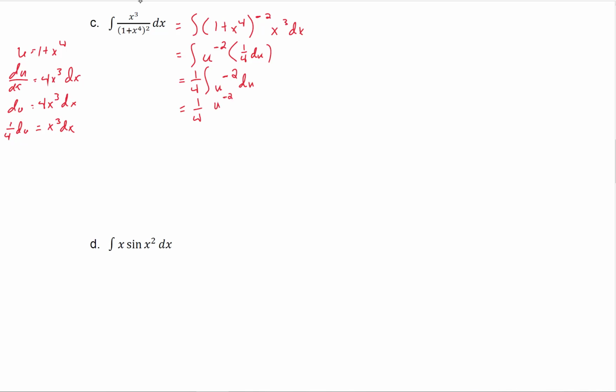That's u to the negative 2 plus 1 over negative 2 plus 1, plus c. So that's 1/4 u to the negative 1 over negative 1 plus c, which is negative 1 over 4u plus c. And so that ends up being negative 1 over 4 times (1 plus x to the 4th) plus c, your antiderivative.